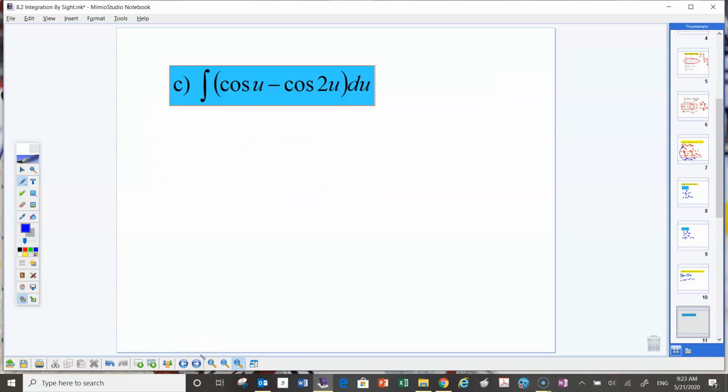Now let's take a look at this one here, and if you notice, there's a bit of a difference. I have a u inside this cos function, and I have a 2u inside of the second term. Now remember when we did derivatives, if I had cos of u as my function and wanted to take the derivative, I would take the derivative of the trig part, and then times it by the derivative of u, which in this case would be 1.